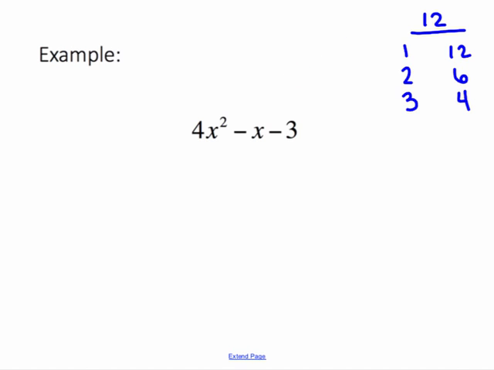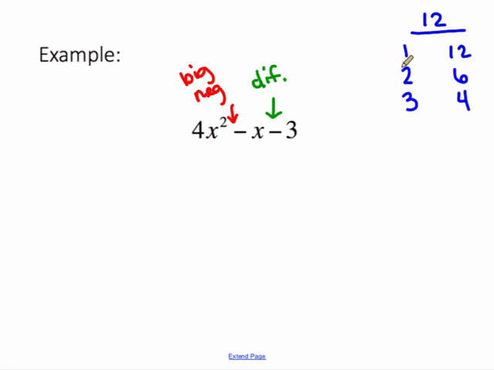We are going to use our signs to tell us about our factors. This sign, because it is negative, tells us that the factors have opposite signs. They are different. One is positive, one is negative. This minus tells us that the bigger number gets the negative.